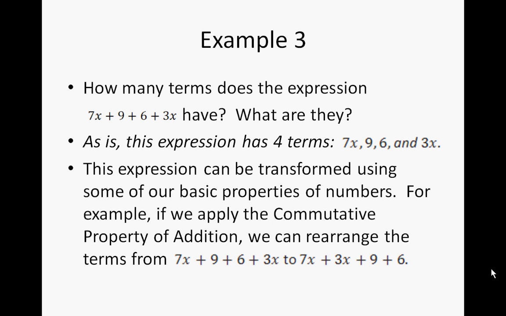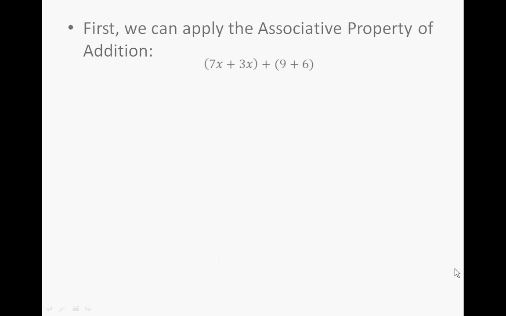Now, this expression can be transformed using some of our basic properties of numbers. For example, if we apply the commutative property of addition, we can rearrange the terms. So now we can put our like terms together. We will put the 7x and the 3x together and the 9 and the 6 next to each other. So that's the commutative property. And then we can associate them by putting parentheses around them to show that we are grouping them.